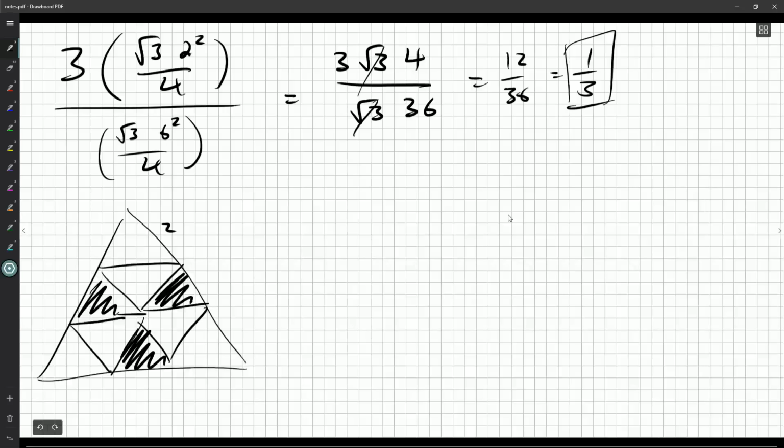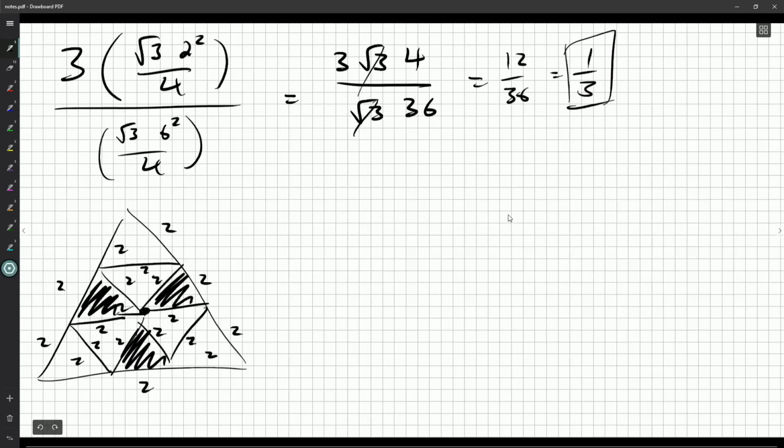Well, if the black ones are placed so that they all meet in a point here, we can very nicely divide, and all these lengths are 2, so all of these triangles are nice, neat little equilateral triangles as well. So we all have the same area. And so we've broken our big triangle, whose side length is 6, into 1, 2, 3, 4, 5, 9 triangles. And they're all side length 2 equilateral triangles.